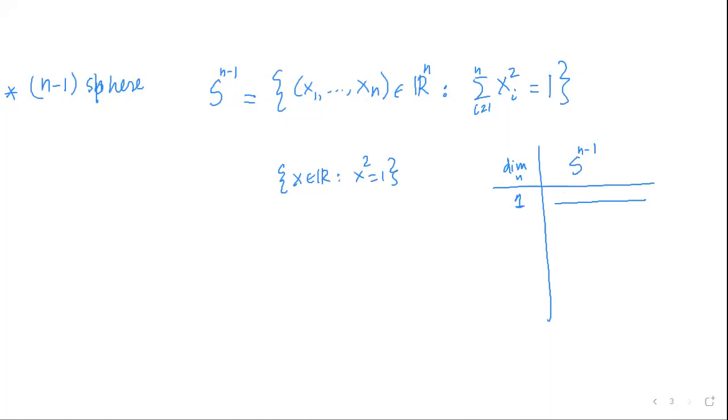So there are only two numbers, minus 1 and 1. Only these two numbers satisfy this. So actually S0 consists of only 2 points, minus 1 and 1. Then we have two dimensions.